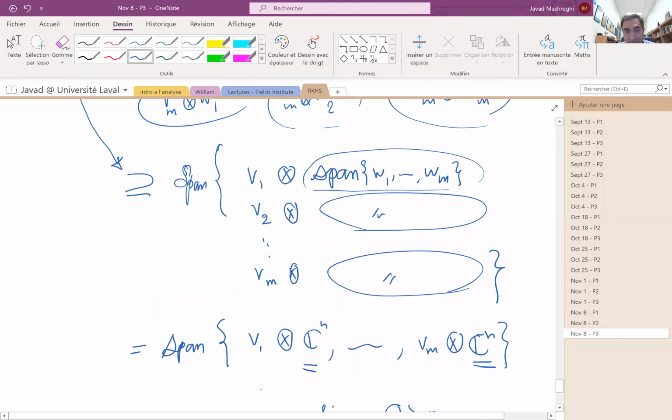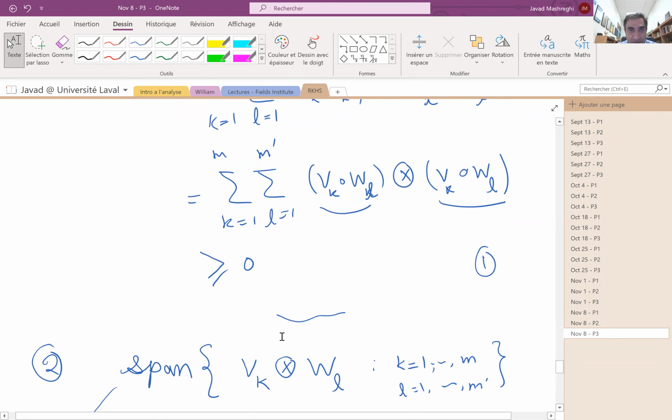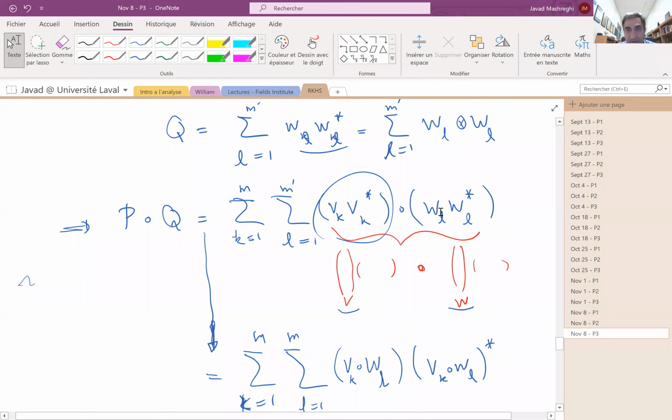So if both v_k and w_k span the whole space, either the tensor product or this notation v_k star, w_l star, all of these vectors create the whole space, and we are done.